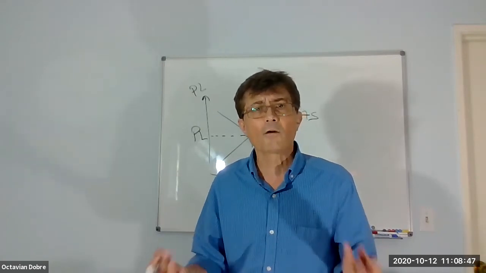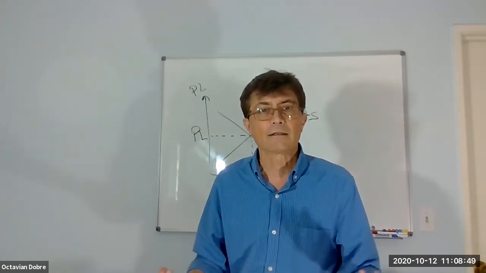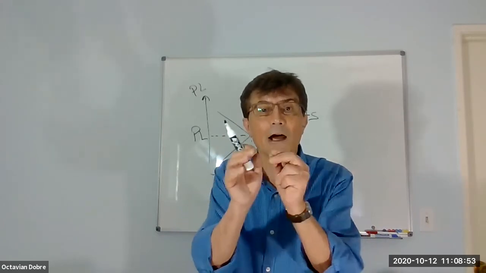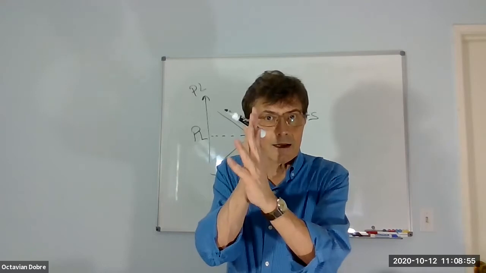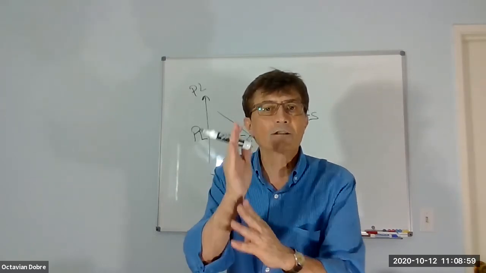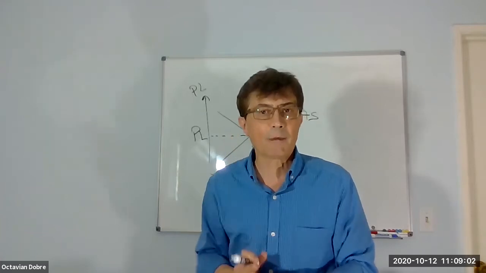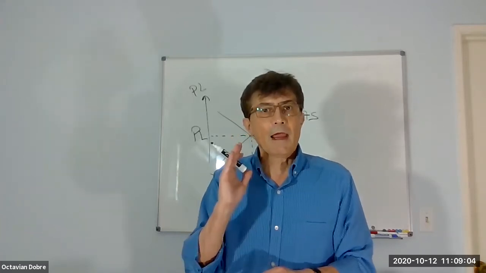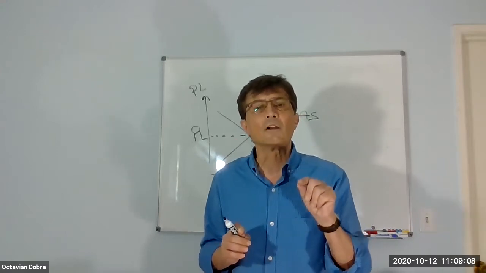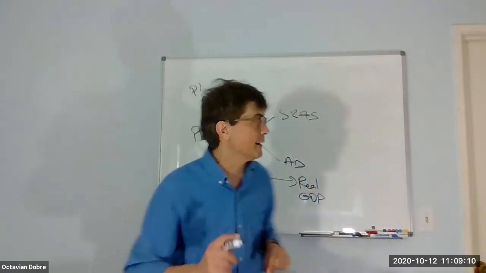And what does the long run aggregate supply curve tell us? Well, for us, we're going to use it more or less like a yardstick. It is going to be a marker that is going to show where full employment is. And the long run aggregate supply curve is going to look like a vertical line.